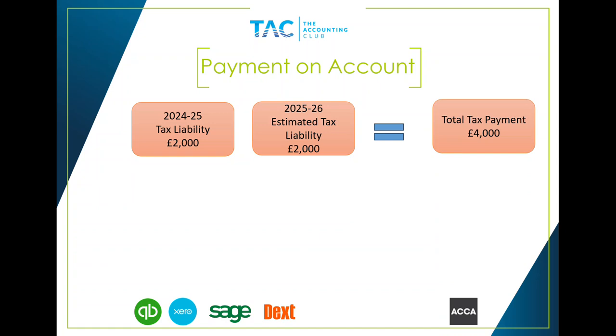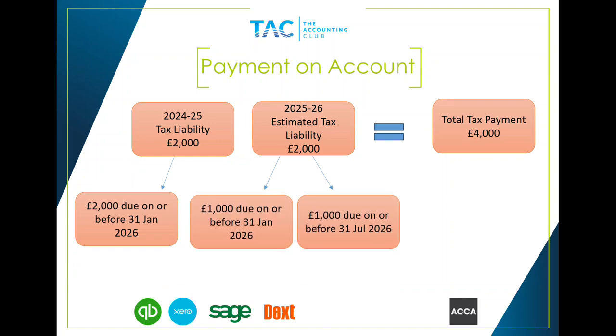You are paying £4,000 because HMRC is estimating your tax liability for the next tax year, and the estimate is kept at the same value as the current year, 2024-25. So again, instead of paying £2,000, you pay £4,000.